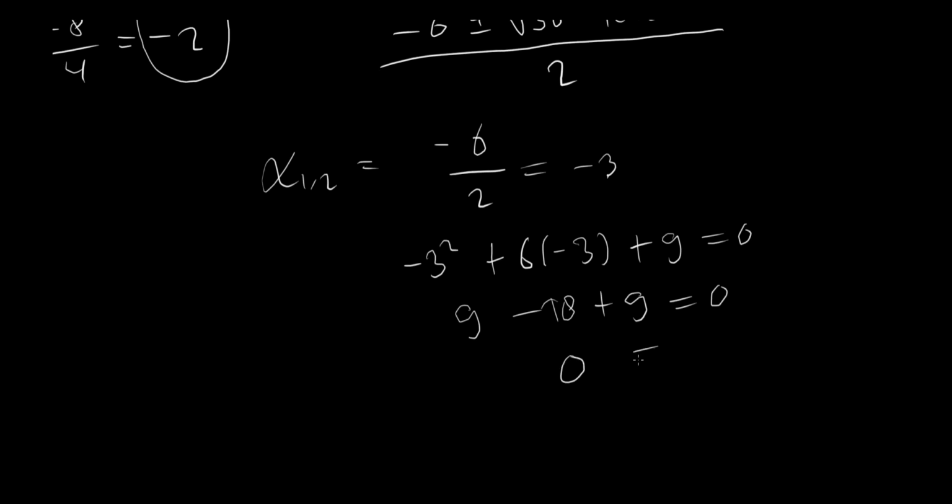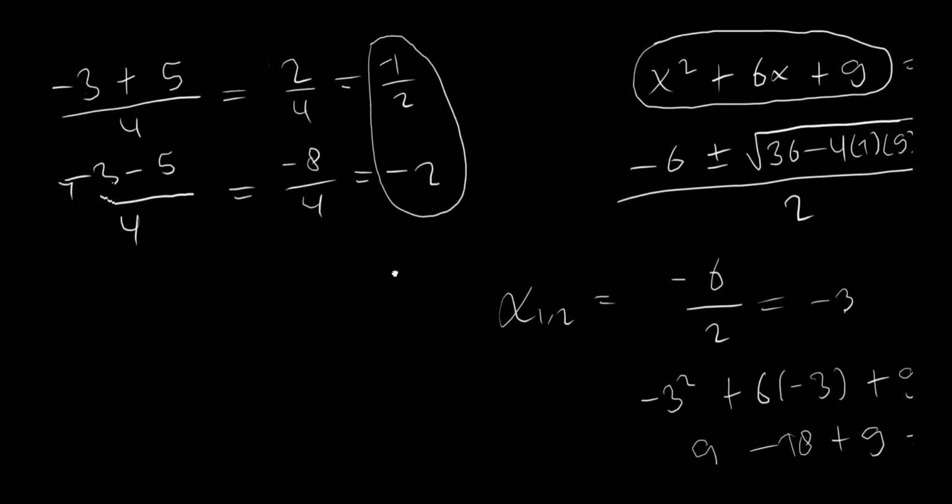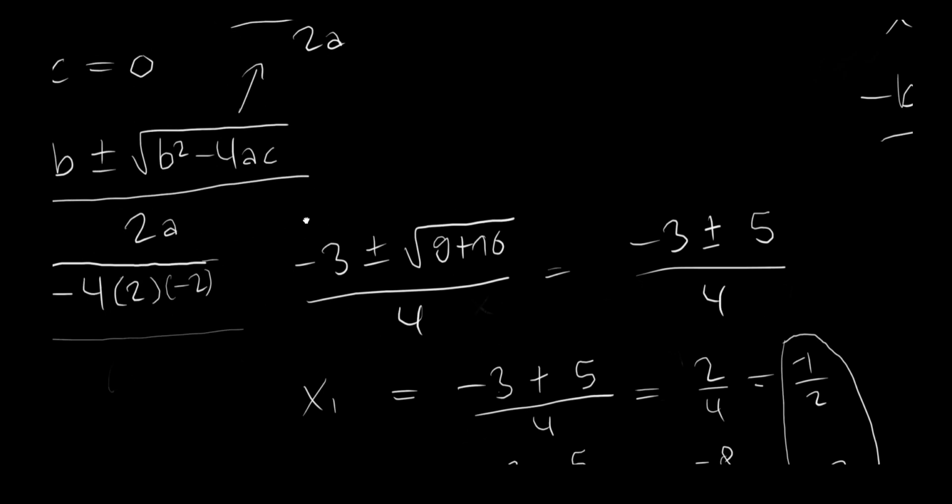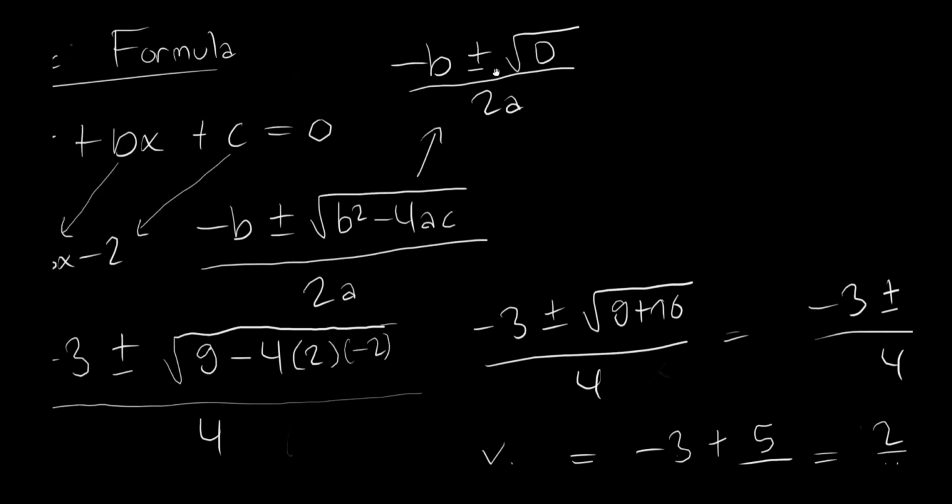So I hope you now understand what a root is, and I hope you understand how to use the quadratic formula and how to find the roots of the quadratic equation. So once again, the quadratic formula is minus b plus minus the square root of the discriminant. Remember, the discriminant is b squared minus 4ac, over 2a.